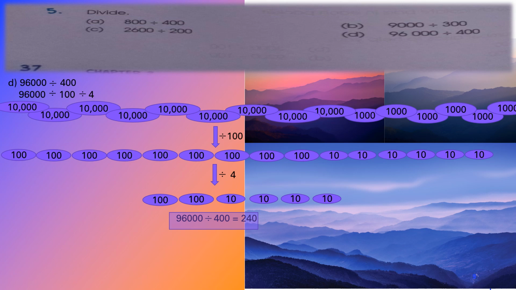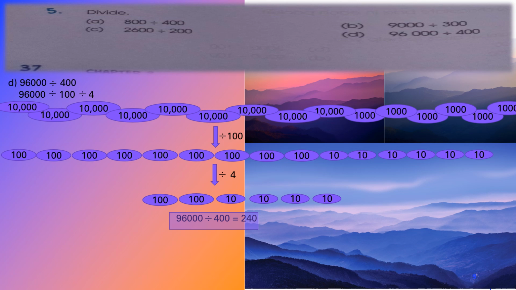In part D, we have to divide 96,000 by 400. Here we are going to break up this 400 into 100 and 4. So for 96,000, we have 0 ones, 0 tens, 0 hundreds, 6 discs of 1,000 and 9 discs of 10,000.